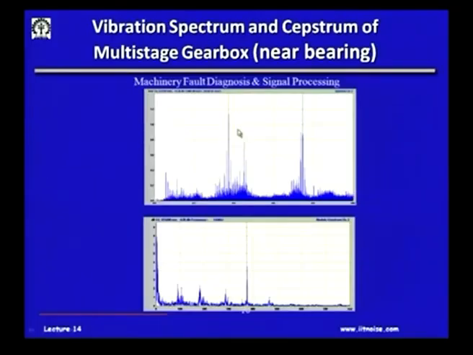Now, this is the vibration spectrum. The top one is the vibration spectrum, in kilohertz, near the bearing of the multi-stage gearbox, and you will see a group of sidebands occurring. I would not know which is which.